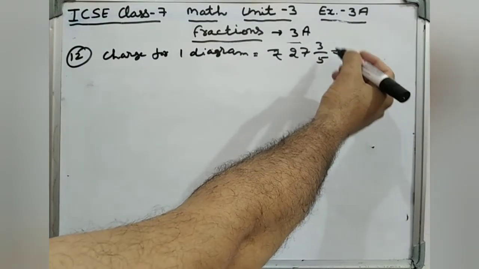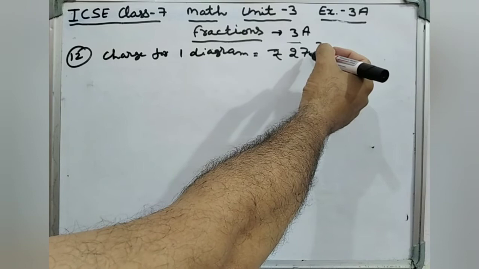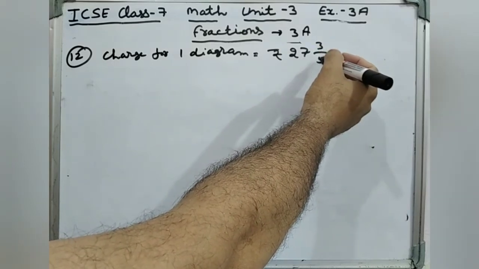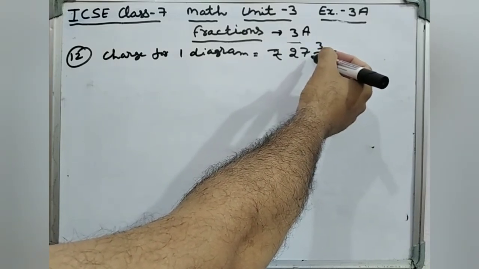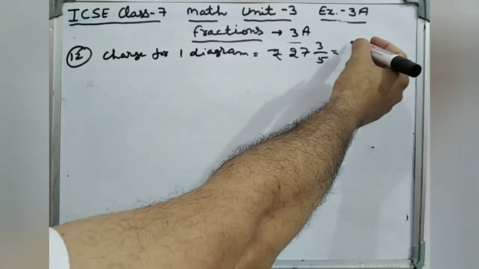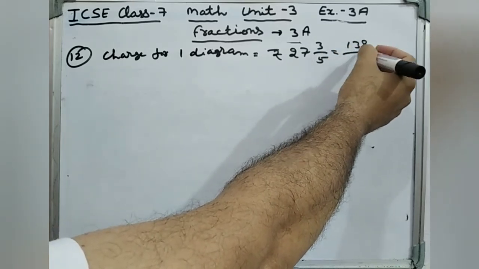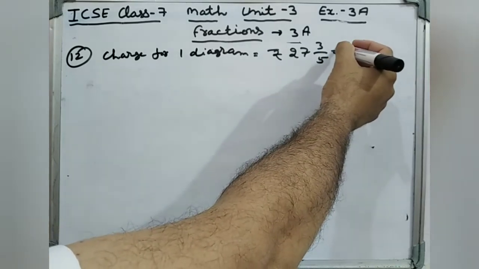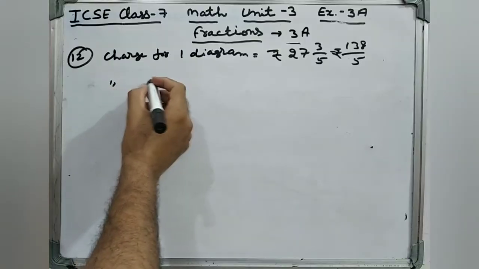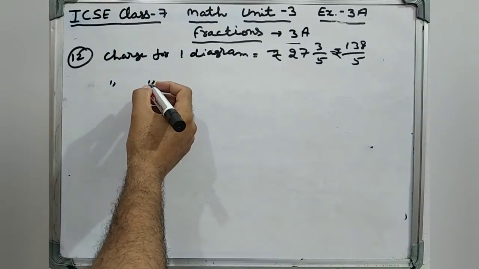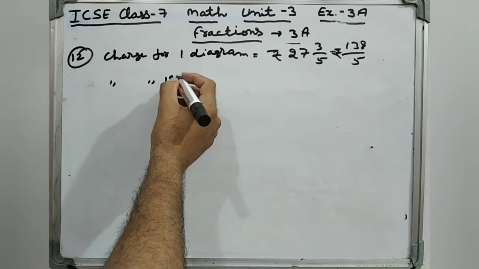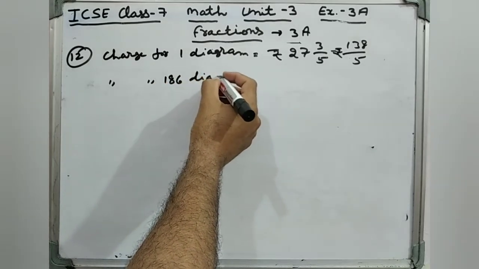Make it a proper fraction, 27 5 ja 135, 135 plus 3, 138 upon 5 rupees. Now charge for how many such diagrams? 186 diagrams.